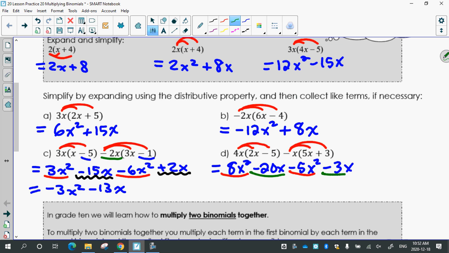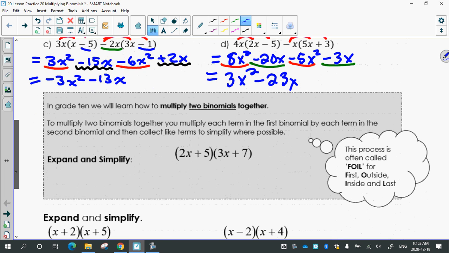And then we've got our just plain x terms. And that gives us 8x squared minus 5x squared is 3x squared. Negative 20x minus 3x is negative 23x. Do you have one there? All right, so that's grade 9 algebra.